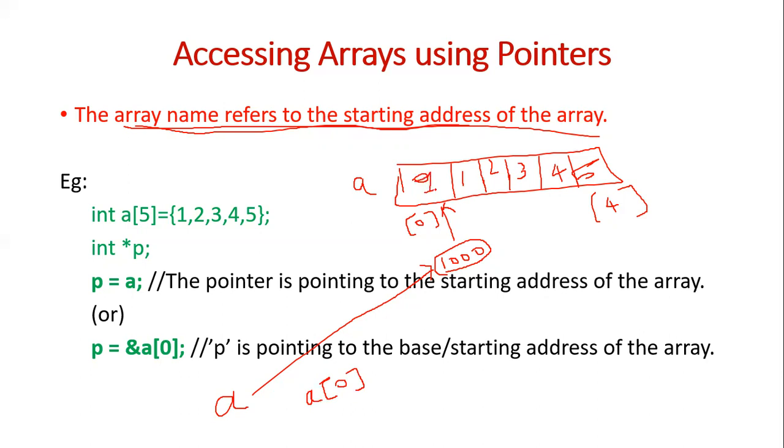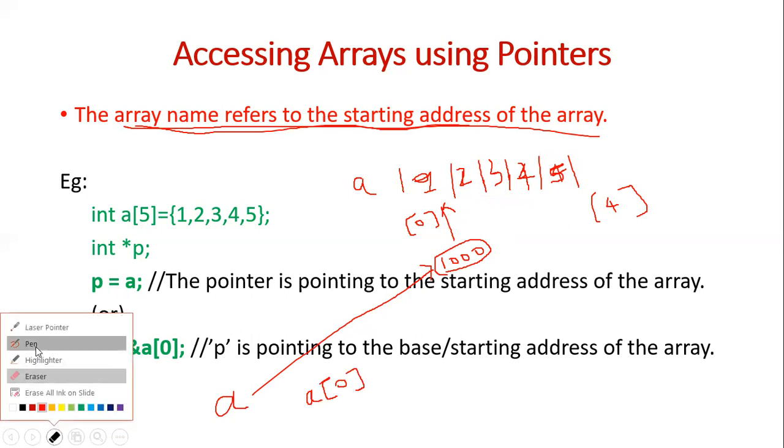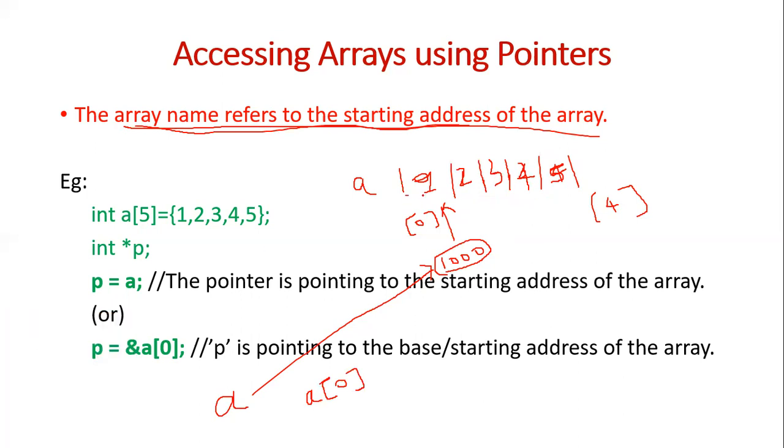It is 1, this is 2, this is 3, this is 4, and this is 5. So the array contains only 5 locations, and the last location is A of 4. So it is A of 0 to A of 4, right?